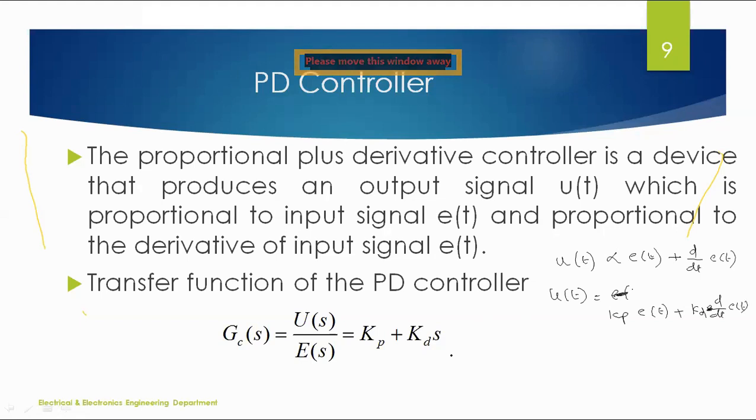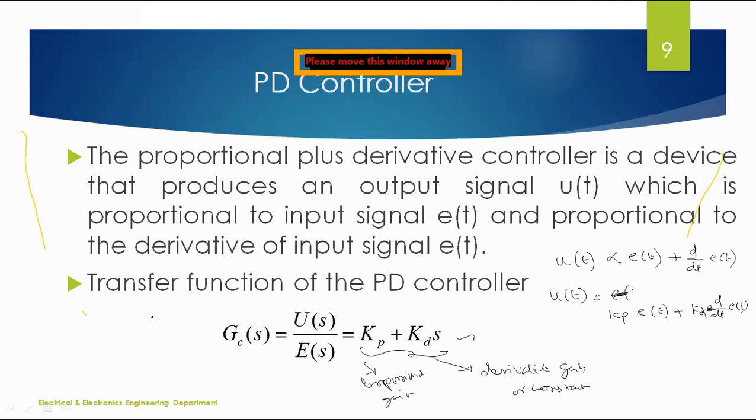After taking the Laplace transform, we get Kp plus Kds. Kp is the proportional gain or constant, and Kd is the derivative gain or constant. This is the transfer function of the PD controller.